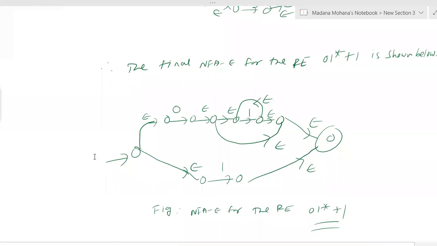Now you can name the circles starting with Q0 to Qn. Then this is NFA with epsilon. From this, if the question is construct DFA, NFA with epsilon to direct DFA, we have the procedure by eliminating epsilon moves, direct method.